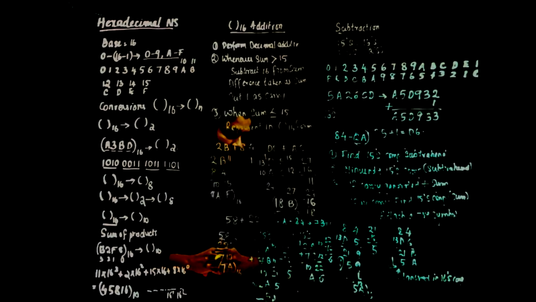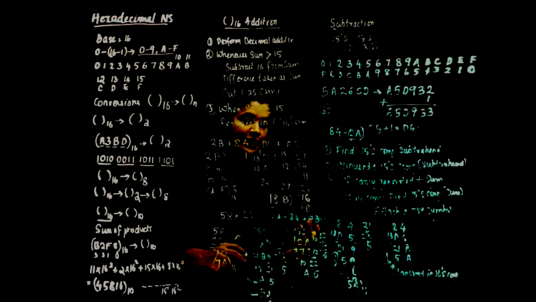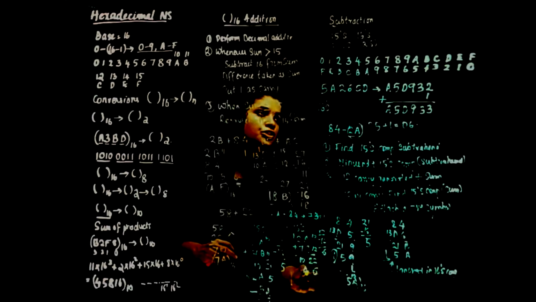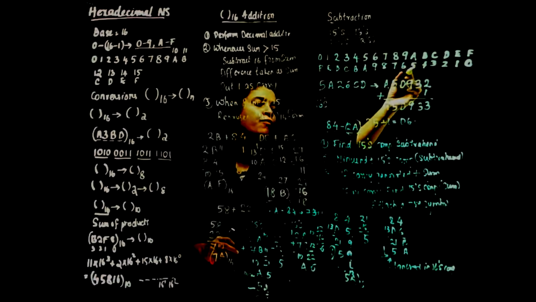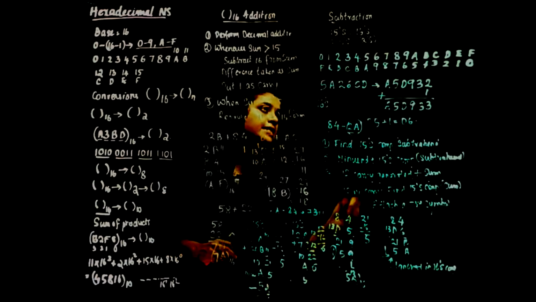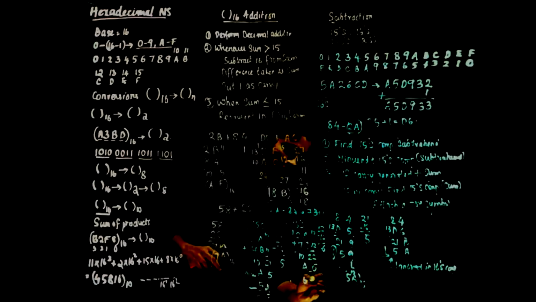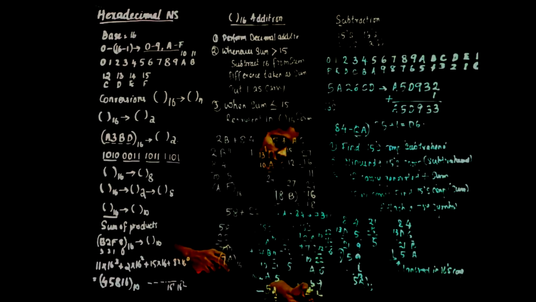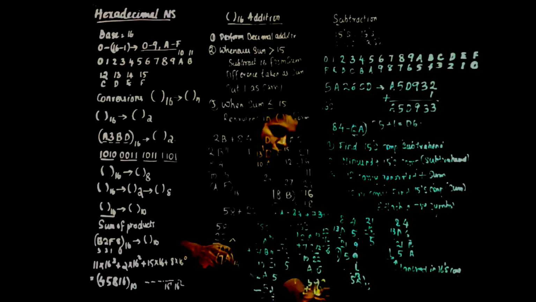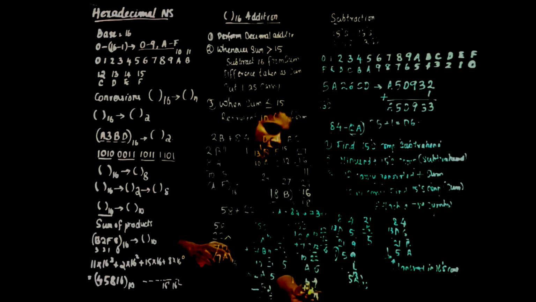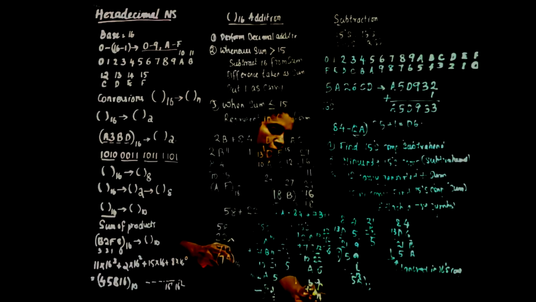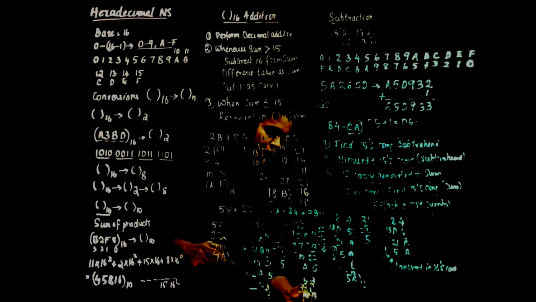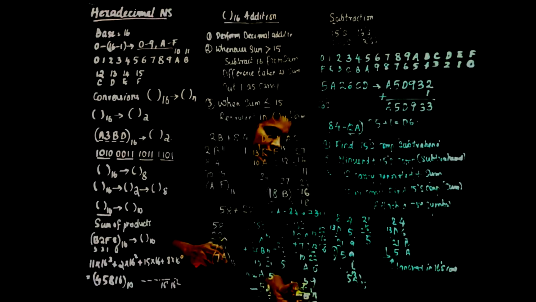Since no carry is generated, we have to find the 16's complement again. A corresponds to 5, 6 corresponds to 9, and we have to add 1 to it to get the 16's complement. This is equal to 5A, and a negative symbol.